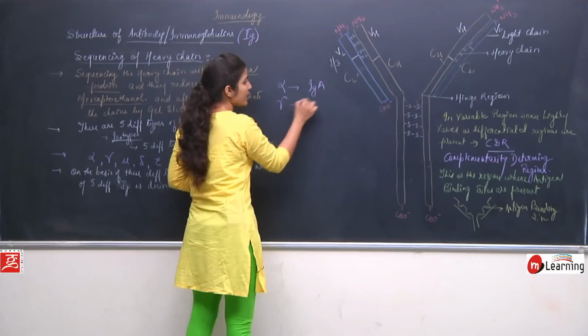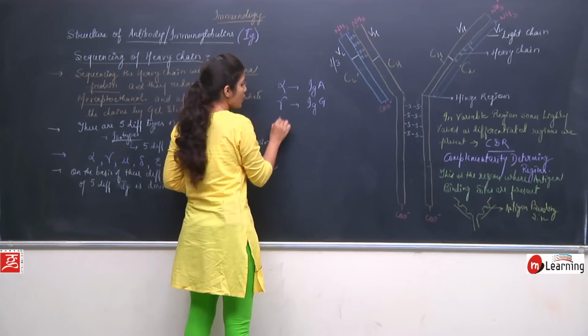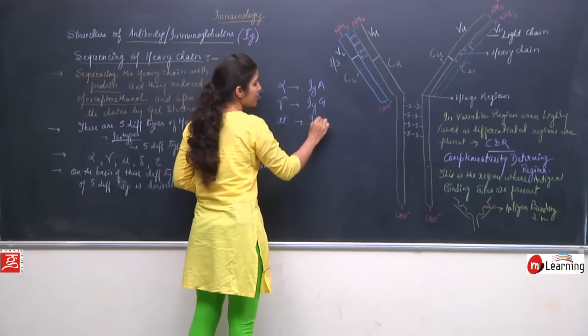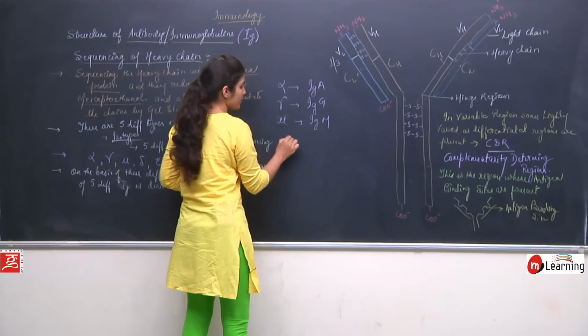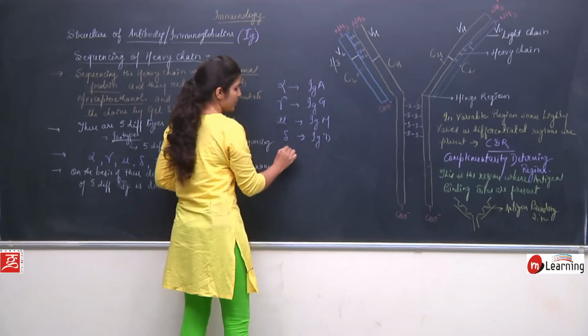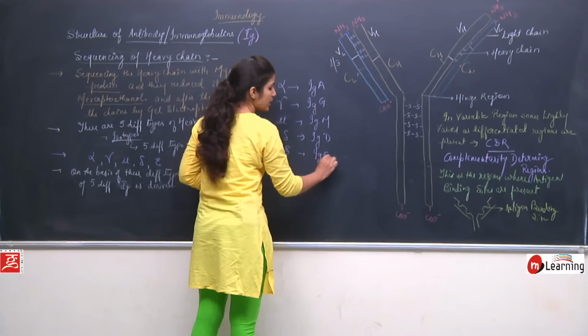For gamma they had given the name IgG. For mu they had given the name IgM. For delta they had given the name IgD. For epsilon they had given the name IgE.